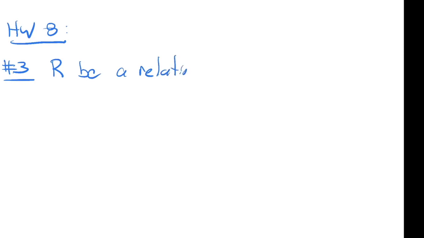This is number 3 on your homework assignment that you're working on for today, which first asks, we're going to let R be this relation which we're going to define on the set of integers as follows.